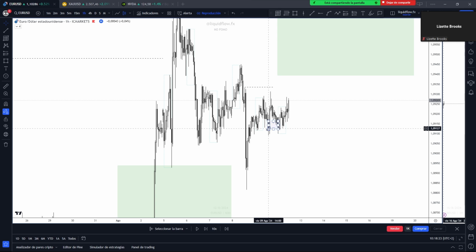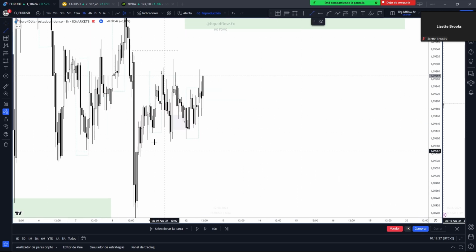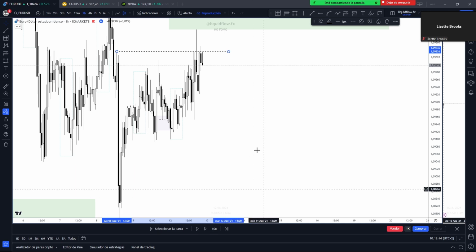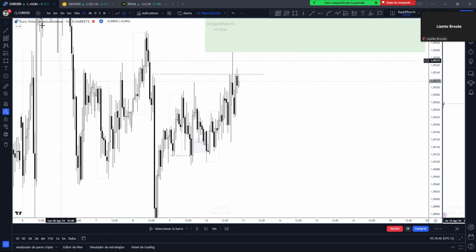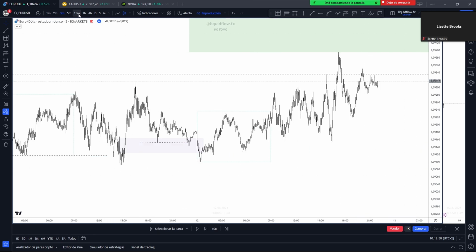So we got that entry here. So what can we do? We expect we have that sweep of liquidity, right? So we need to target what? This one, all of this. All this is liquidity. Bam. So if we are here, for example, let's mark here.